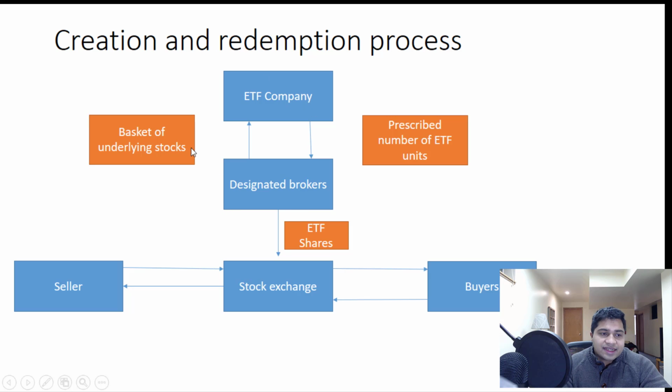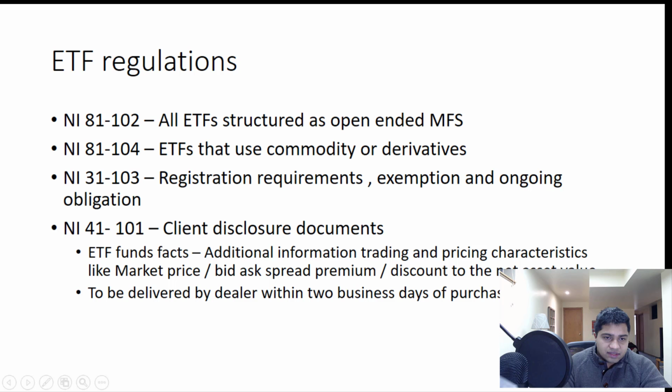This is called an in-kind exchange. Okay, so ETF units are given to designated brokers and a basket of stocks is given to the ETF. Now these ETF shares are then sold by designated brokers on an exchange where buyers and sellers buy them.